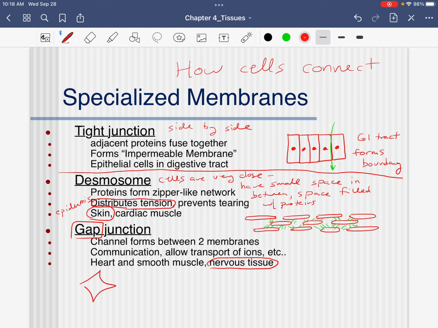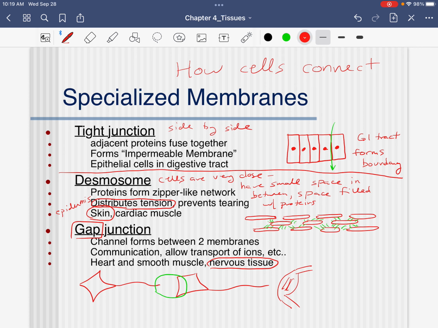So here we have one nerve cell with an axon, and then let's say it's going to come into contact with another nerve cell. Or let's say that the second nerve cell is going to innervate or supply a muscle. Well, what we notice is there's a gap between one cell and the other. They don't touch.